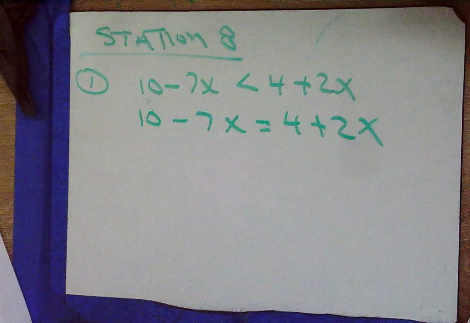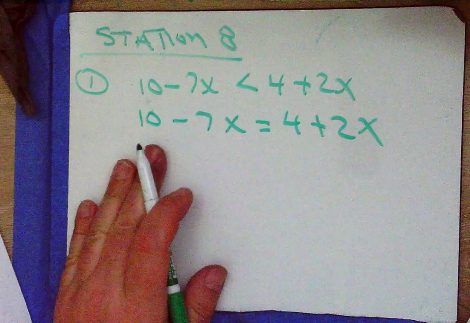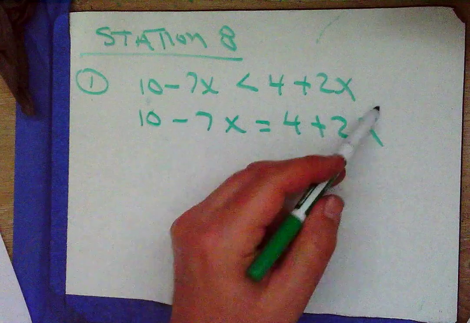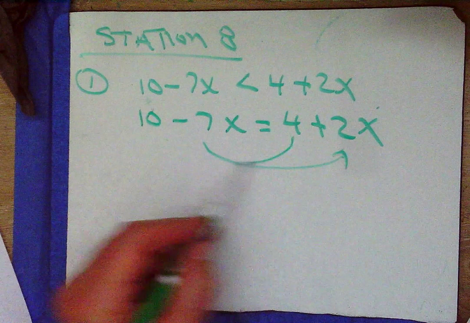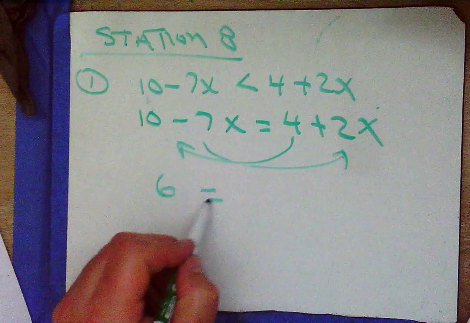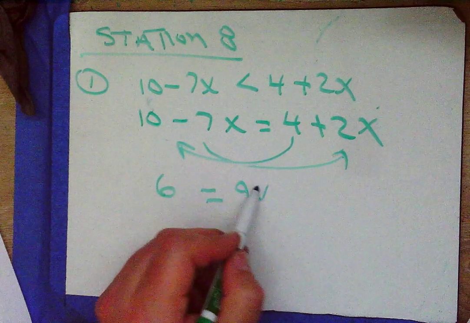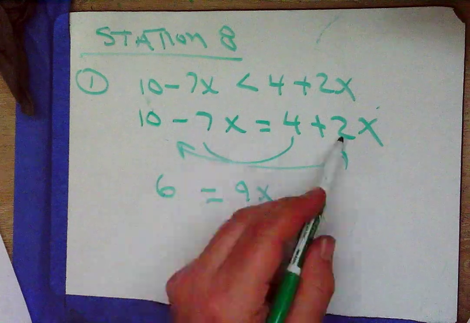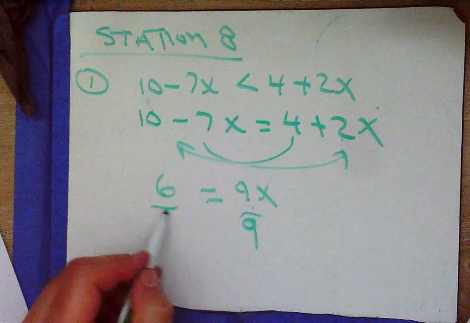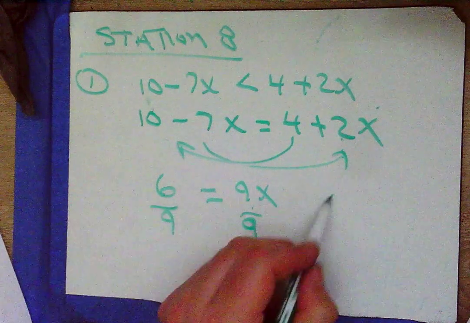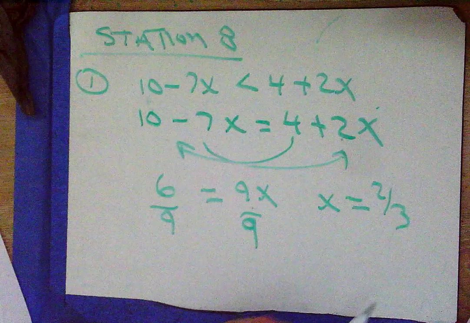Then apply your Algebra 1 skills to solve this linear equation. Linear because these are both x to the first. I'm going to move my x's over here and my not x's over here. So 6 equals 9x, because I'm adding 7x to 2x to get 9x. And then I'm going to divide by 9, and that's going to give me x equals 2/3.